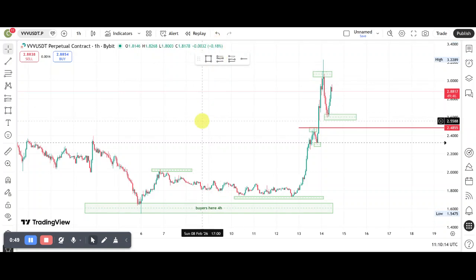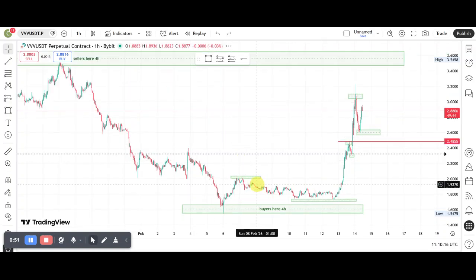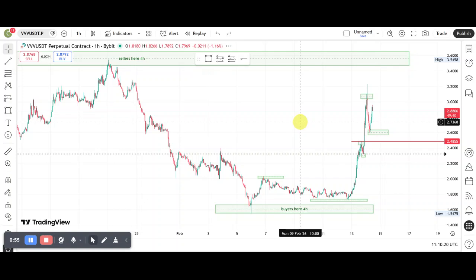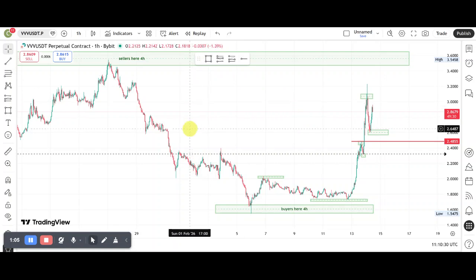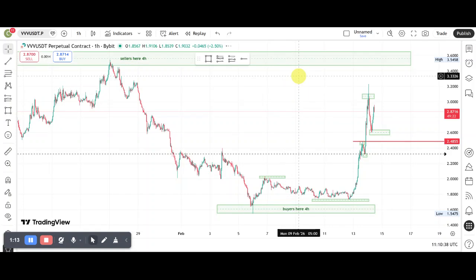On my 1 hour time frame, I can see the price ranged for a long time before it started on an uptrend. To use this ICC strategy, you need to understand the basic structure of trends. An uptrend moves from a high to a higher low and continues to a higher high, higher low, higher high, and so on.